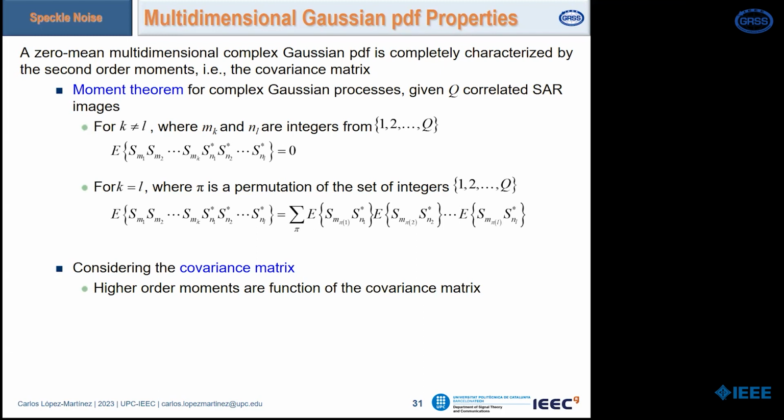The advantage of the Gaussian distribution is that I only need the first order moment and the second order moment to characterize it. If the first order moment is 0 and I have the covariance matrix, finally only the covariance matrix characterizes the distribution, and higher order moments are a function of this matrix.